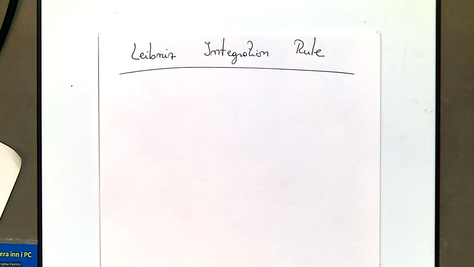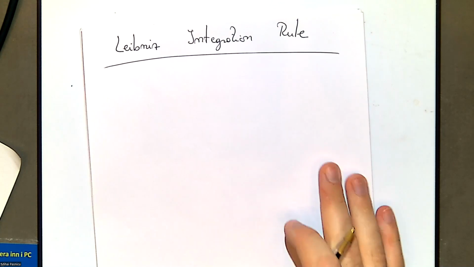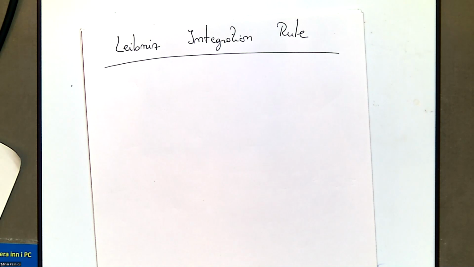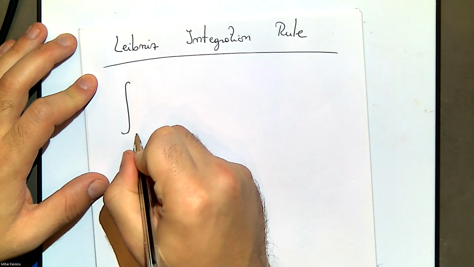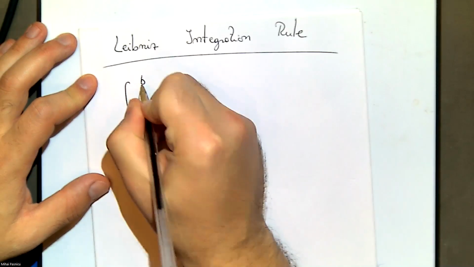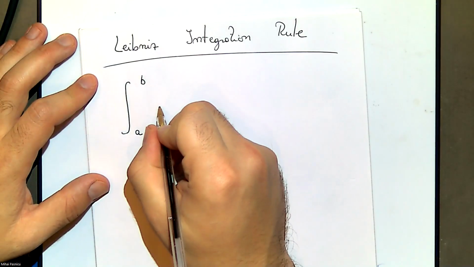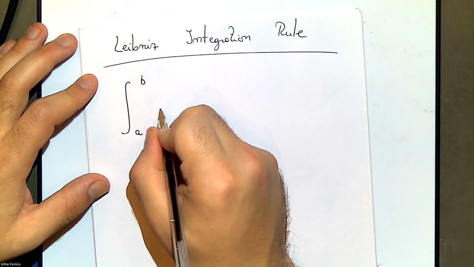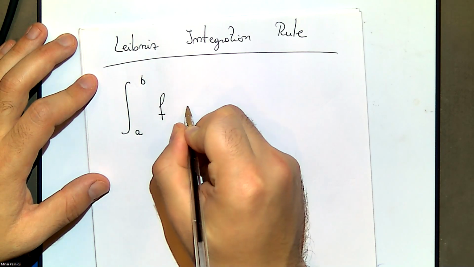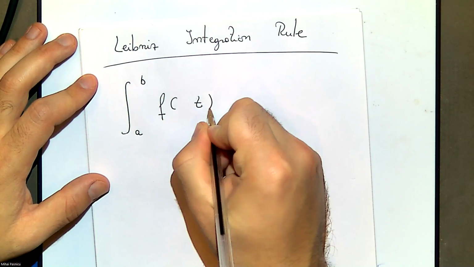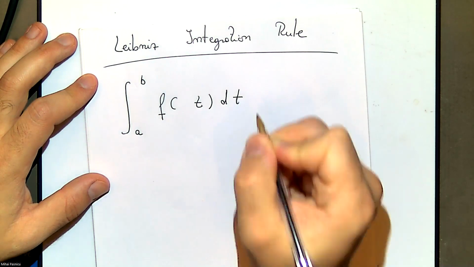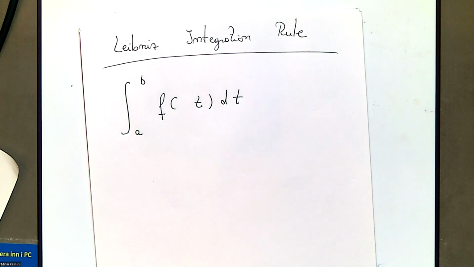And what it looks at is, let's assume your integral looks like this: from a to b of f of t dt.